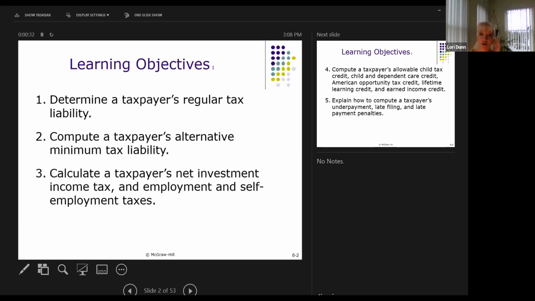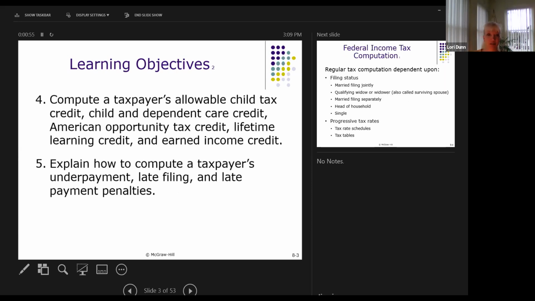Because a lot of people say, oh, it's an alternative minimum tax I can pay. No, it's actually a maximum tax. But we'll talk about that. Your net investment income tax, which is a tax for high income taxpayers on investments. Self-employment tax, we've already talked about that. We'll briefly review it.